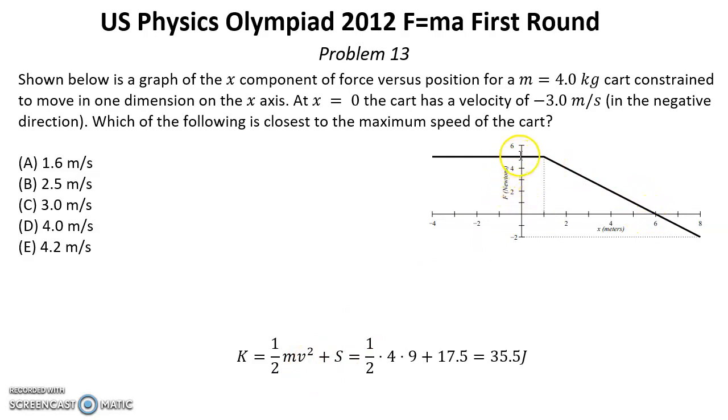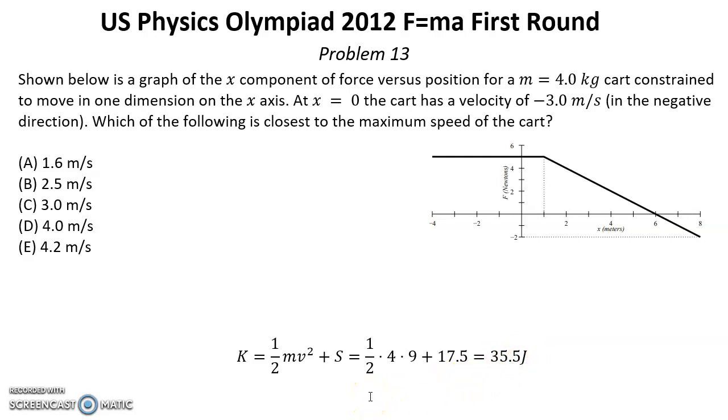We can mention that it doesn't matter that our body moves in the opposite direction initially, because it will return with the same speed in a positive direction at the same point. So the total answer will be 35.5 joules total kinetic energy.